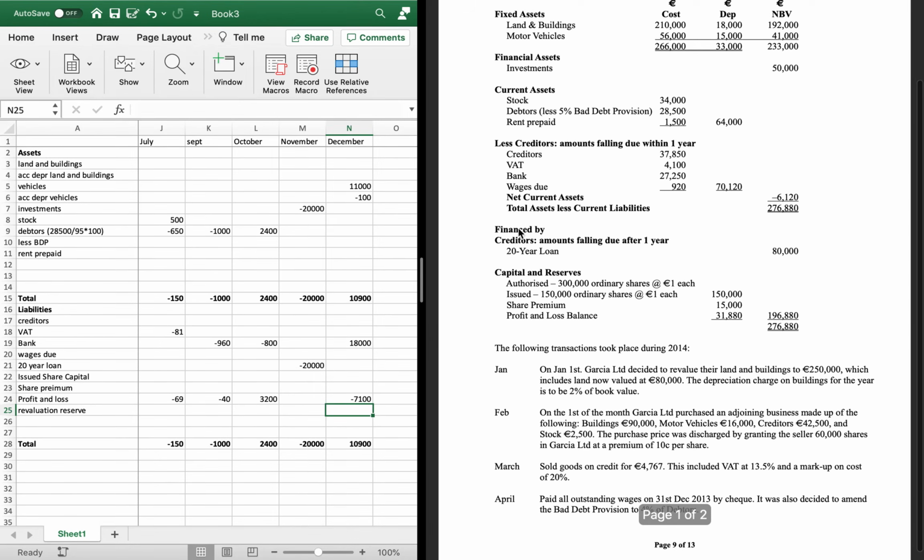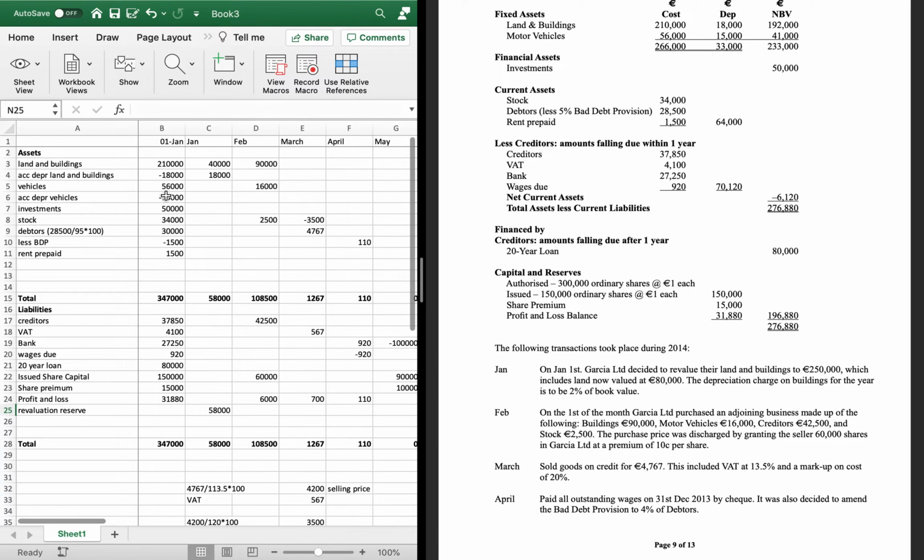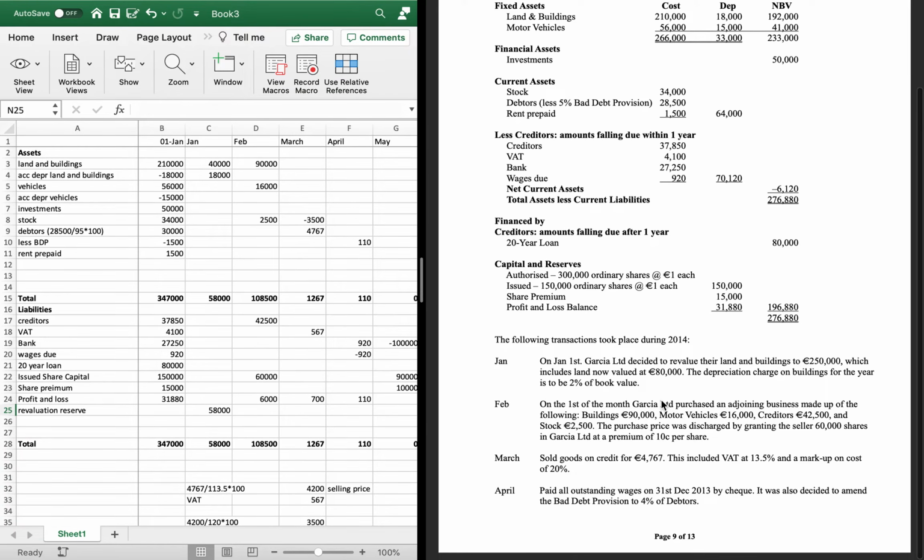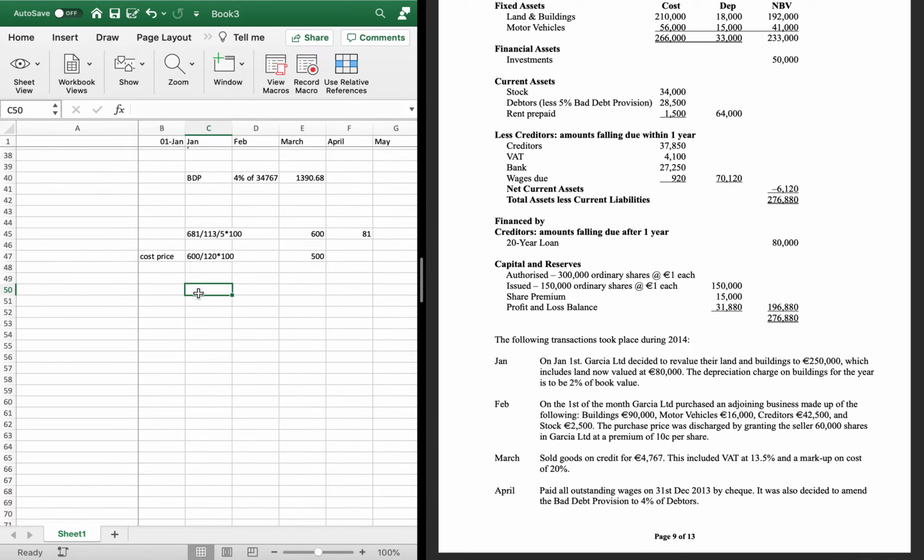So there was depreciation on the buildings, and it's 2% of book value. So if I go all the way back to my buildings, they've been revalued in January up to 250, but there's land of 80,000. So it's going to be 2% of 250 minus 80, which is 170.